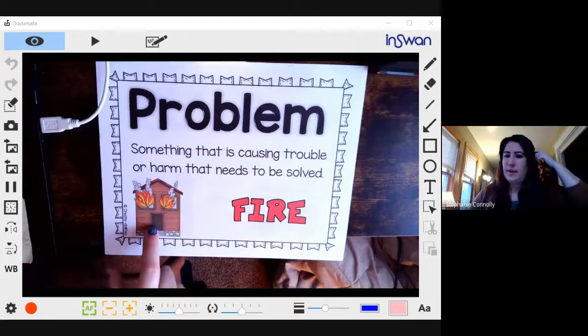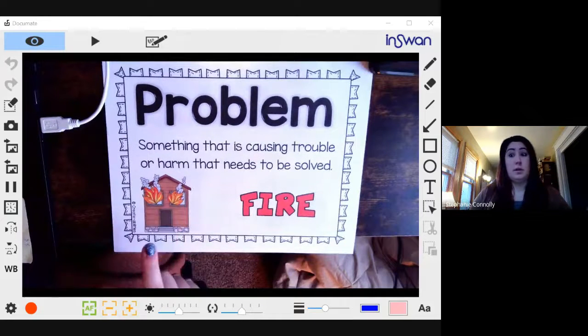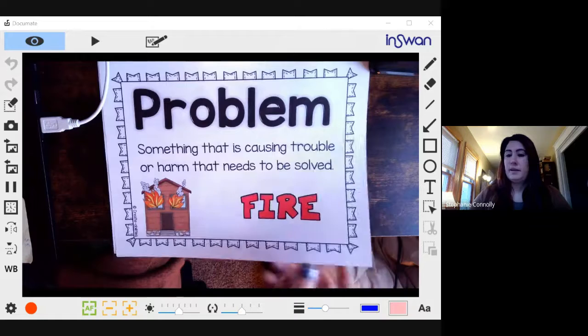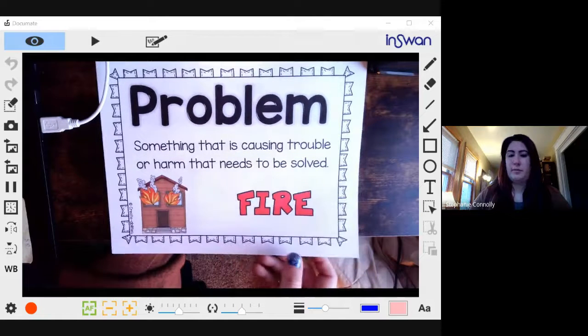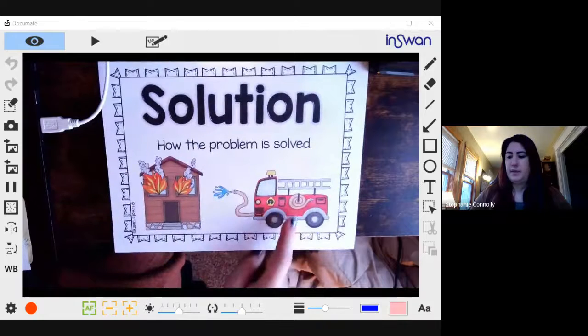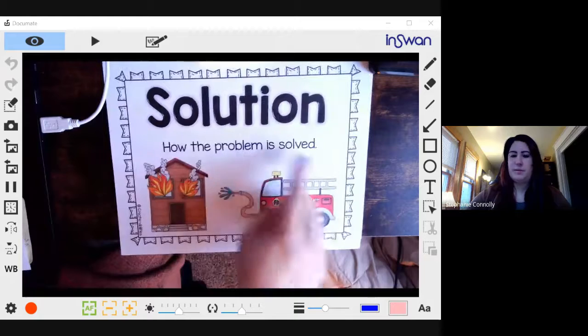So down here we have a house, and the house looks to be on fire. Not good at all, right? That's a major problem if your house is on fire. Get out, call 911, go to a neighbor. Now, the solution, usually when your house is on fire, is the fire department comes and puts it out. So the solution is how the problem is solved.